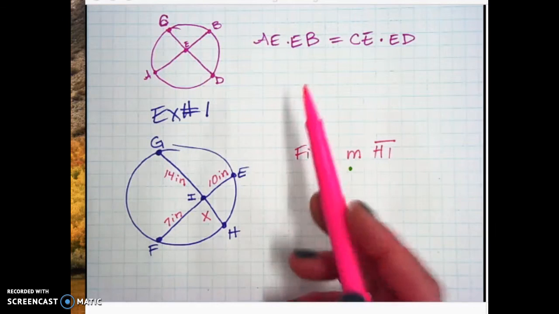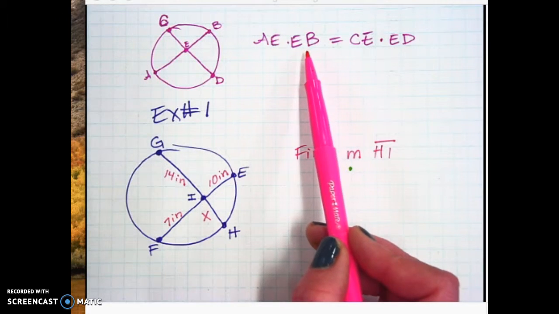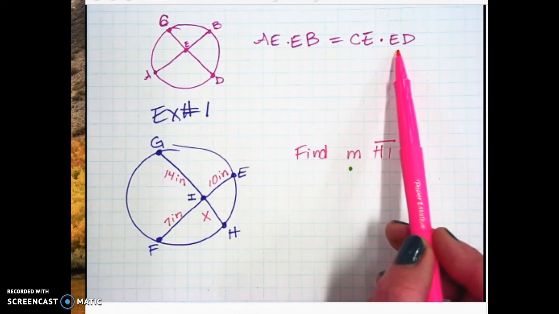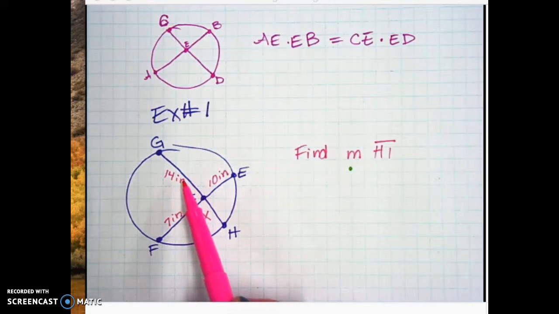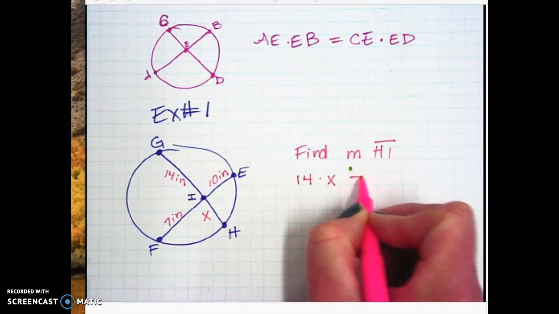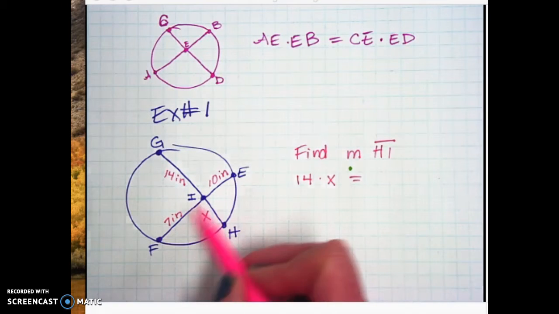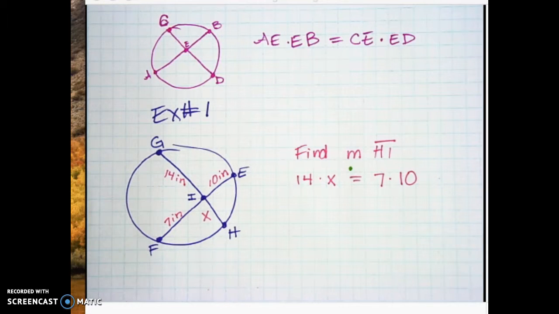So the theorem up above that we just wrote means that if you take the two pieces of one of the chords, it'll be equal to the two pieces of the other chord multiplied together. I prefer my variable on the left, so I'm going to do this one first. I'm going to do 14 times X and set that equal to the other chord, which is this much is 7 and this much is 10, so 7 times 10.